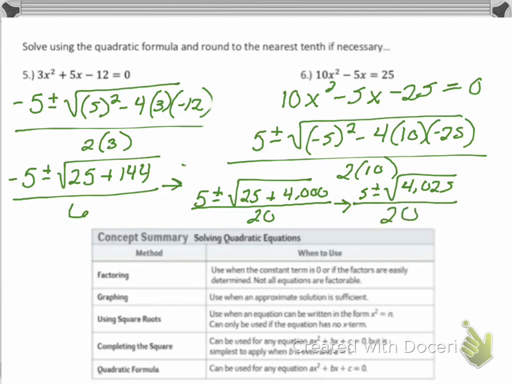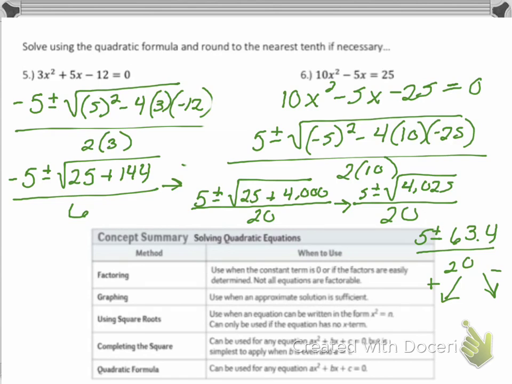So, hopefully my calculator here works. Let's see. So the square root of 4,025 is approximately, I don't even know where I'm going to write this. I have it off to the side. So now I've got 5 plus or minus 63.4 all over 20. And so now I can branch it off into the 2 possible answers where I'm adding or subtracting.